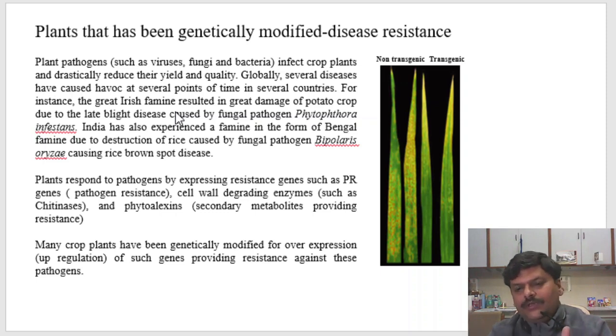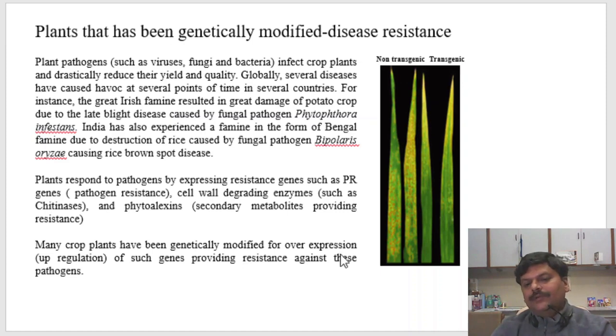There are always genotypes which are resistant, and these pathogens, fungi, bacteria, viruses, cannot affect them, and some genotypes which are too sensitive, and they are affected by these pathogens very easily. So if we can identify the gene responsible for resistance, popularly known as R gene, and this R gene can be transformed into the plant or crop of choice, then it becomes resistant.